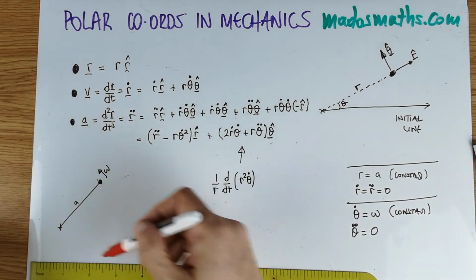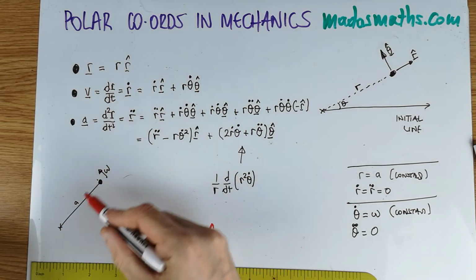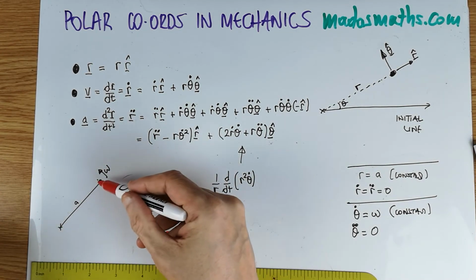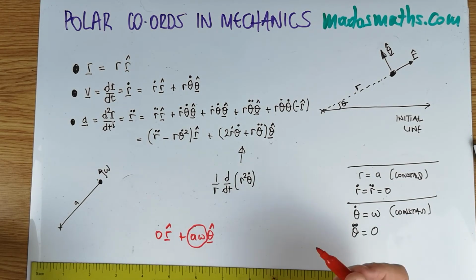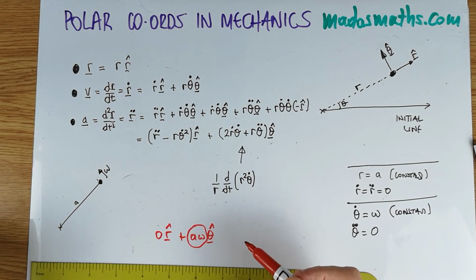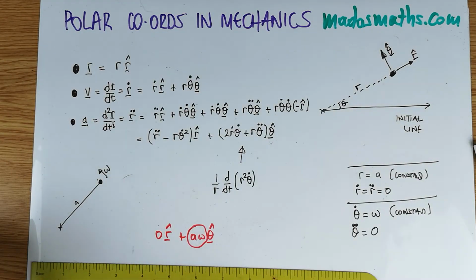So if you're moving around some kind of circular plate, you have no velocity in or out, you stay at the same distance in the radial direction, and your velocity is simply a omega, as you know it, of course, in the transverse direction, the tangential direction.